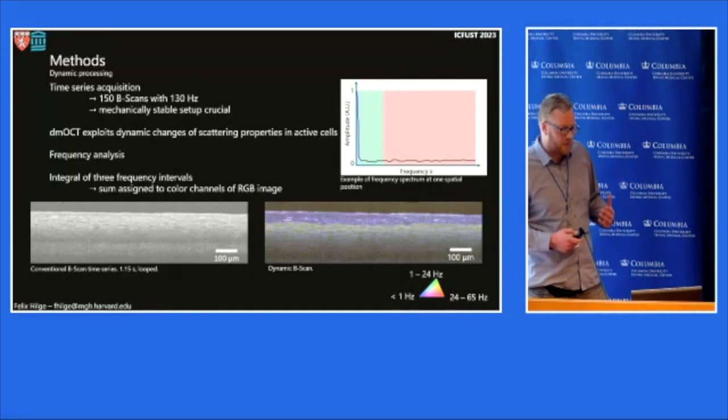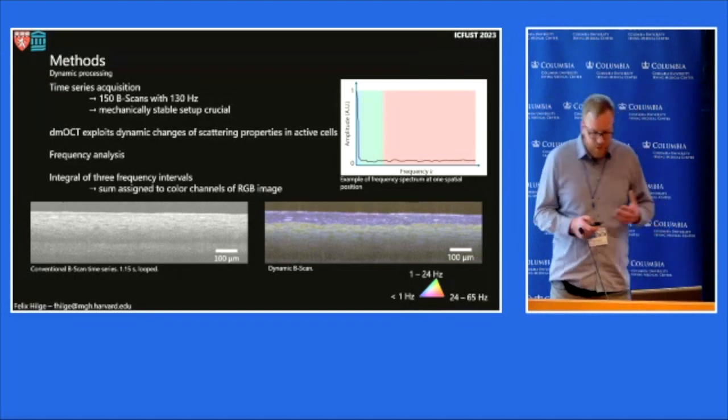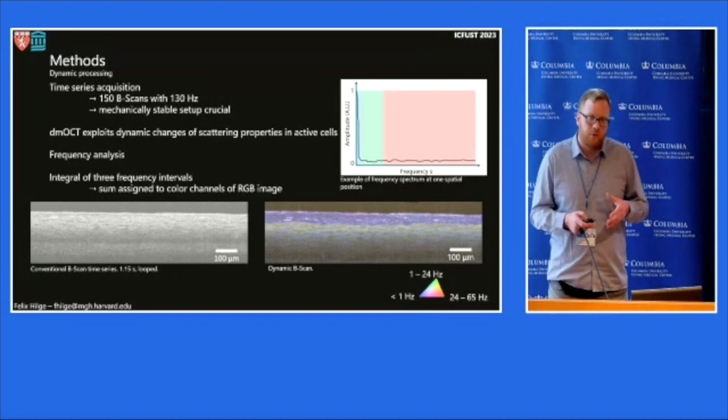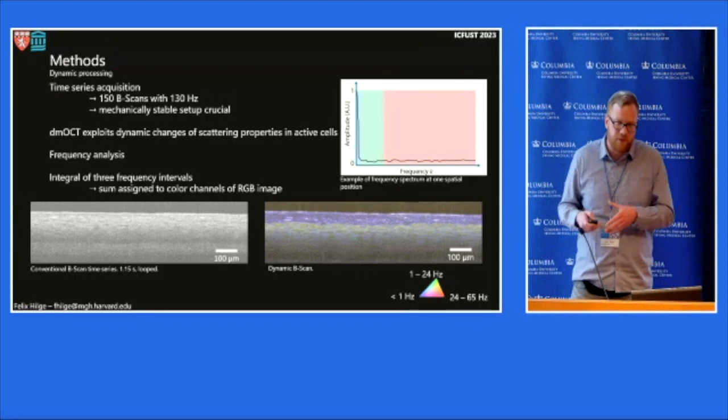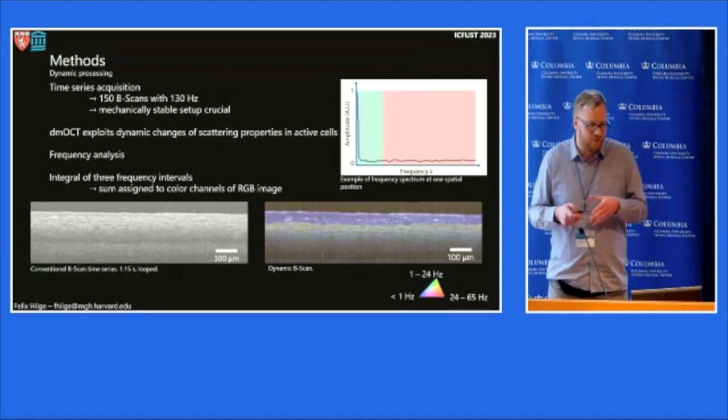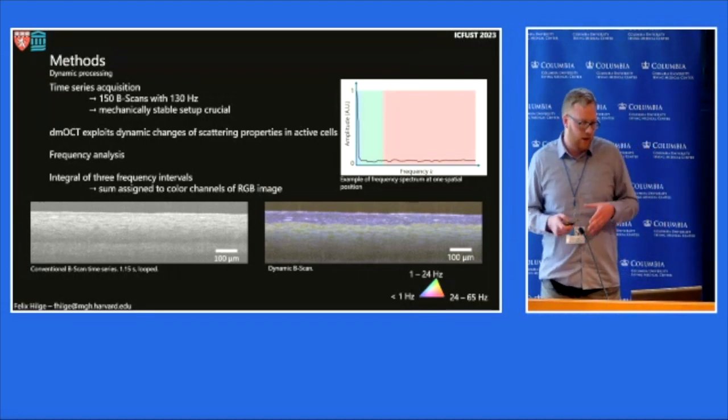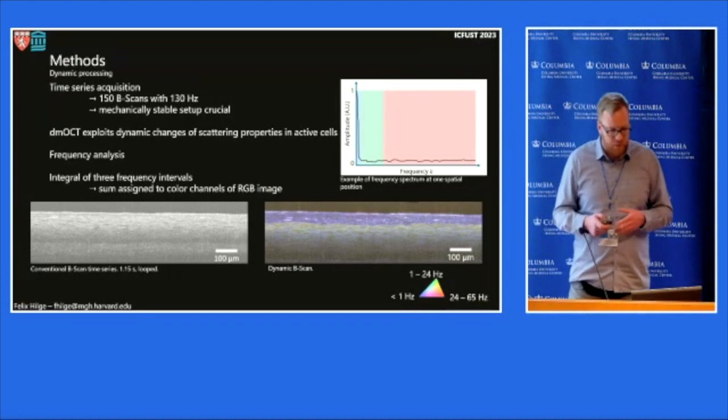And this flickering is caused by subcellular motion of structures that we cannot resolve, but they affect the speckle pattern, which is a result of the coherent nature of the light that we were using.